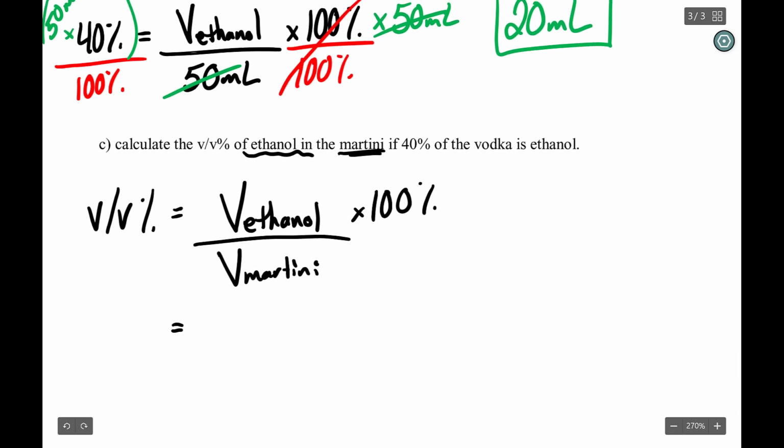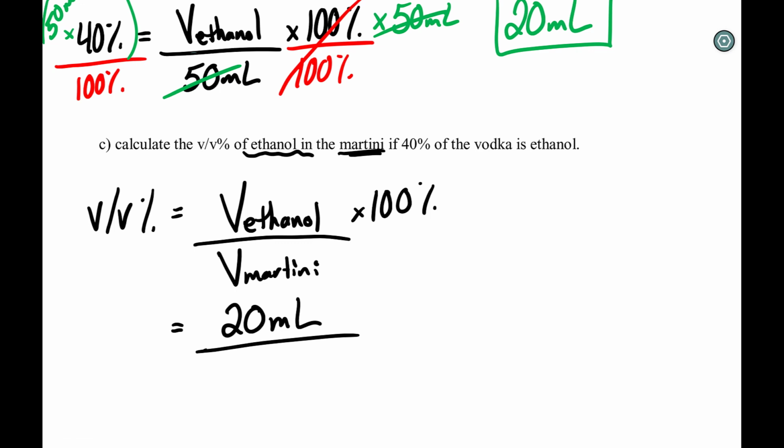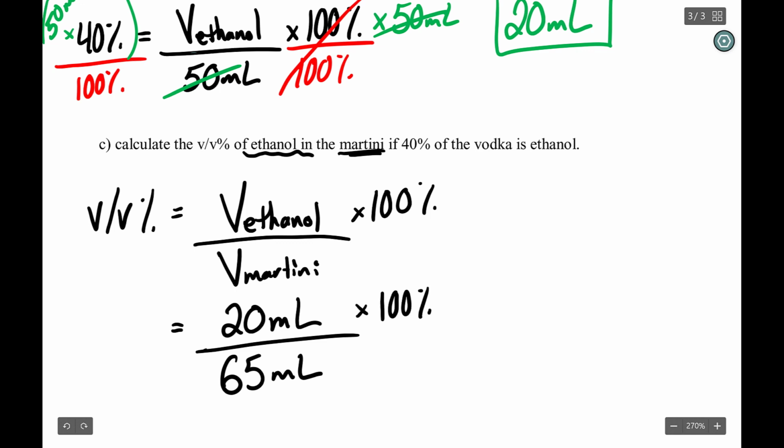So in the previous question, we calculated the volume of ethanol. It was 20 milliliters. This is over the volume of the martini, which was given at the beginning of the question as 65 milliliters, and we're multiplying that by 100%.